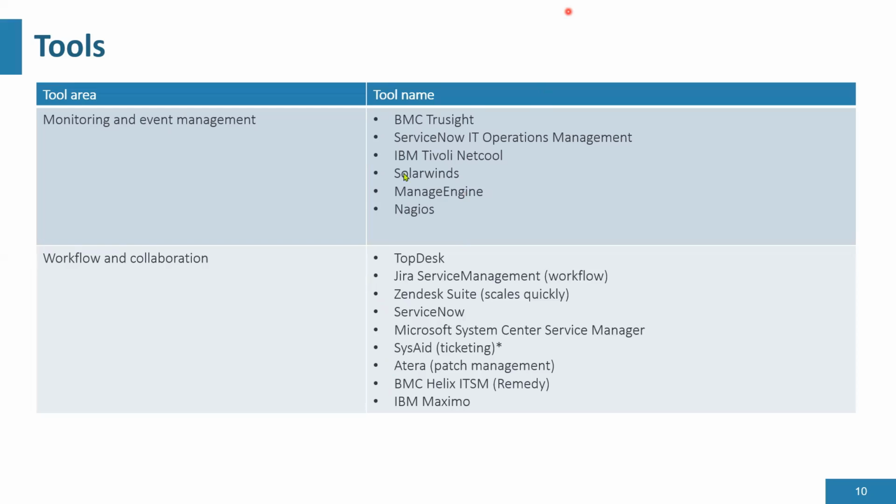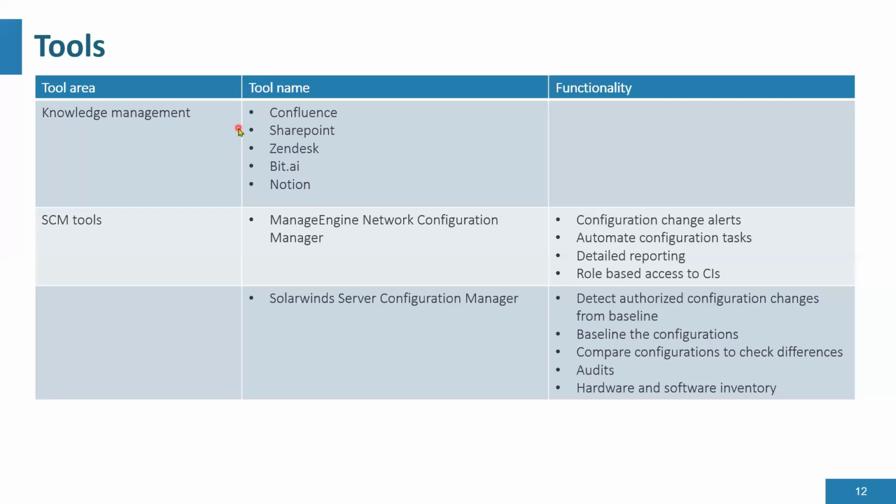Then for knowledge management, we have Atlassian Confluence, of course, SharePoint, and some others. Notion is also a very good personal tool, which I can use for my own day-to-day planning and regular life and work planning needs.